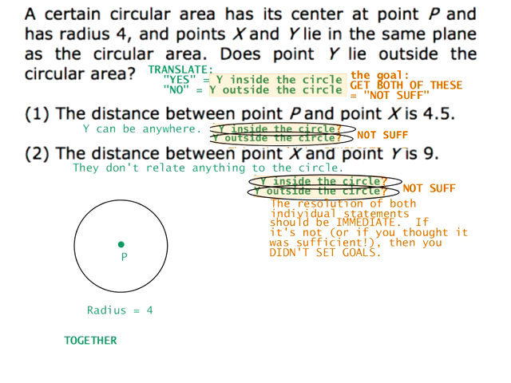Okay, together, the distance between point P and point X is 4.5. Now the thing that's neat about circles is that you can rotate them and nothing changes. So you can actually put X in one place and that actually covers all possibilities of X. So X is a little bit outside the circle. It's half a unit outside the circle. So this is the only placement of X that we really have to think about.